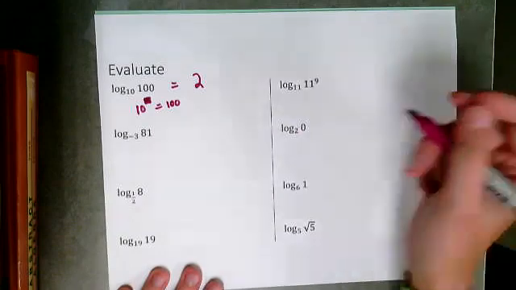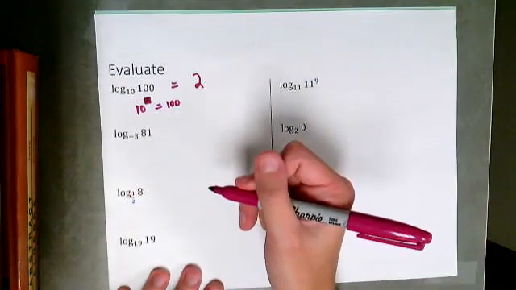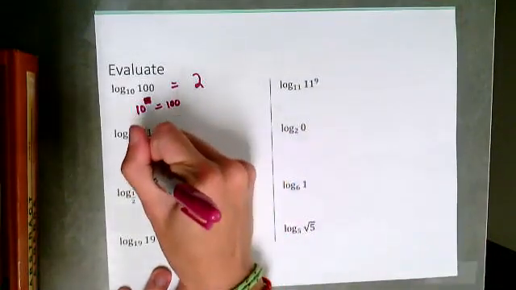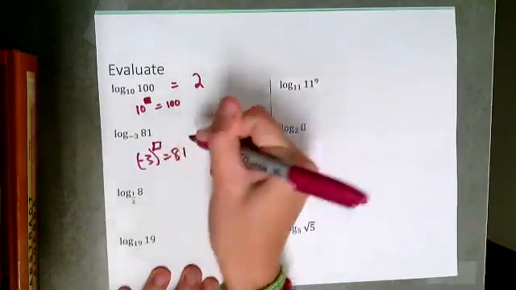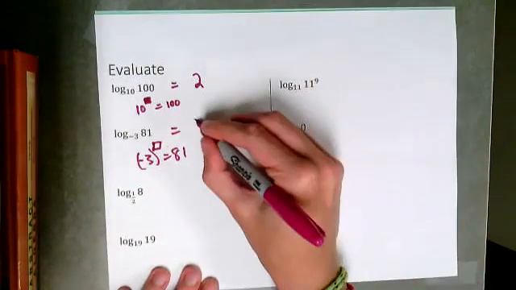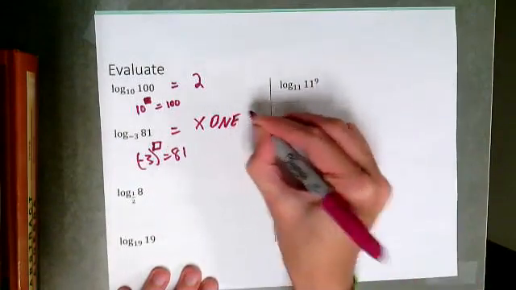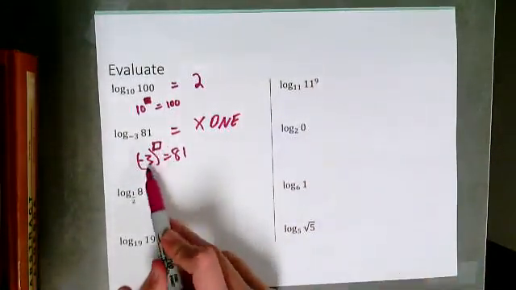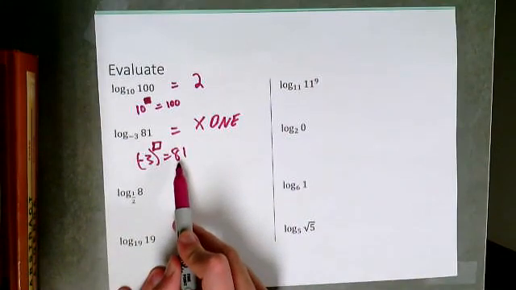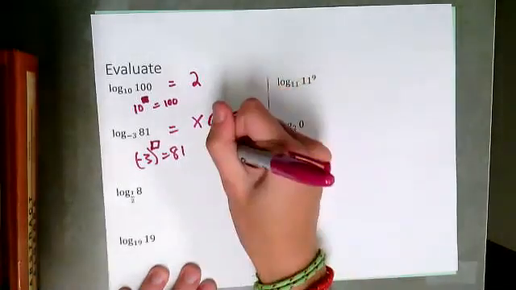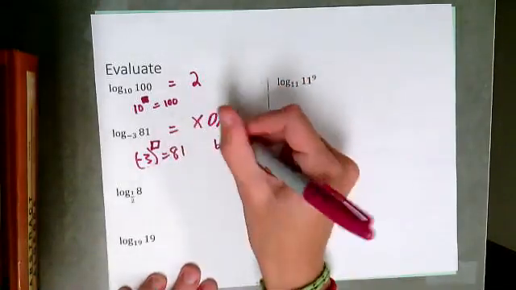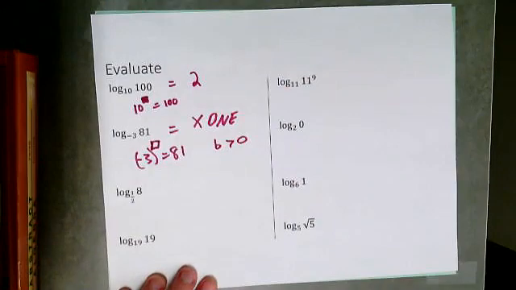Okay. Log base -3 of 81. So that means -3 to the something is equal to 81. This can't happen. It doesn't exist because -3 to any power will not give you positive 81, right? Because the b value has to be bigger than 0.